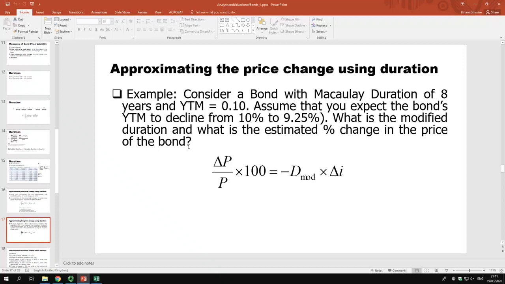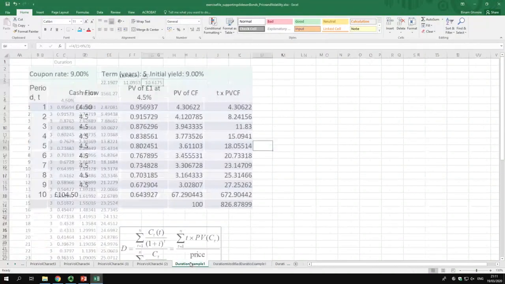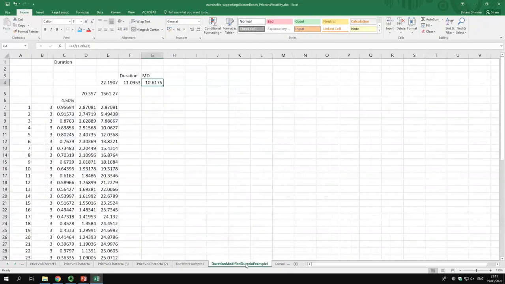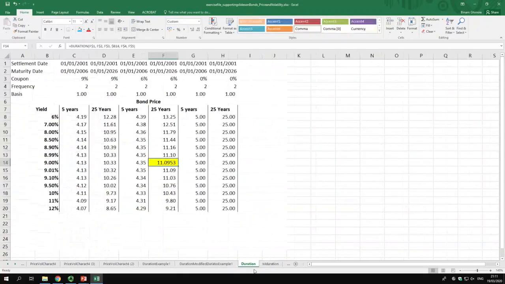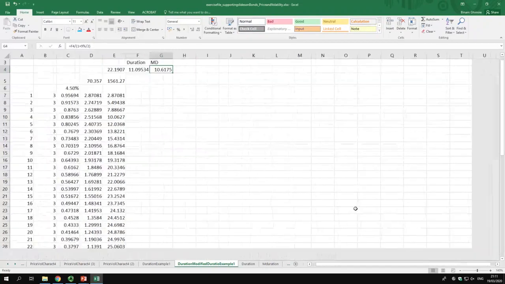So basically, what is the volatility in the bond price given this yield to maturity decline from 10 to 9.25%? A good and interesting question, and I'm going to answer it here, and then we'll be continuing with more examples.